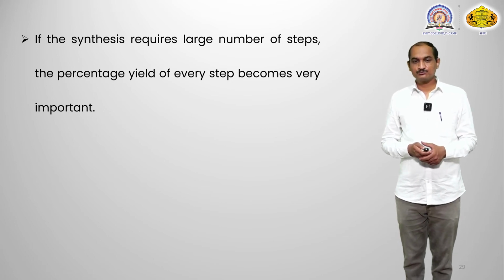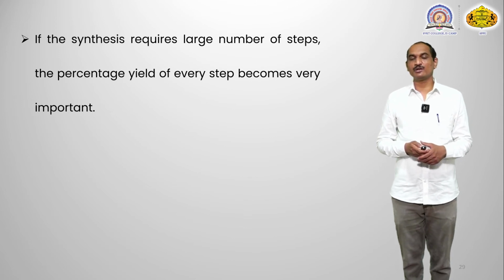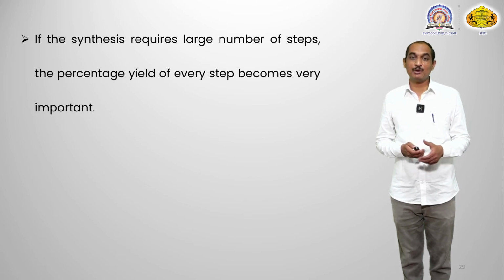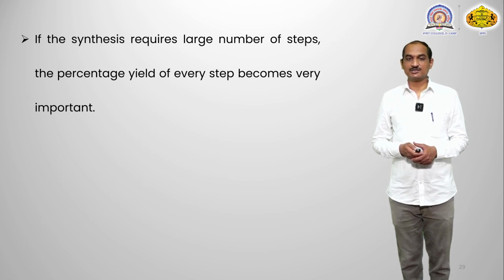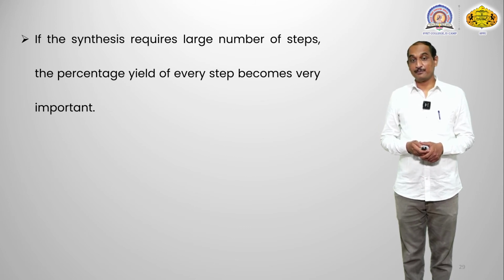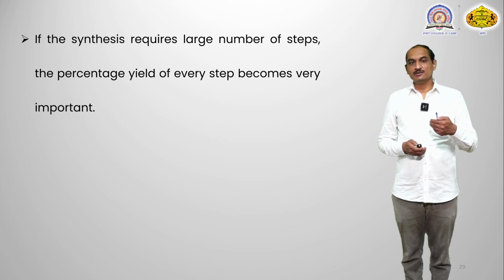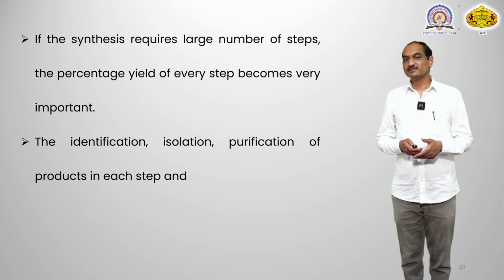When we think about the multi-step synthesis of a new lead compound or any new biologically active compound, we have to consider the percentage yield of each and every step, because we take the compound from the first step for the second step.